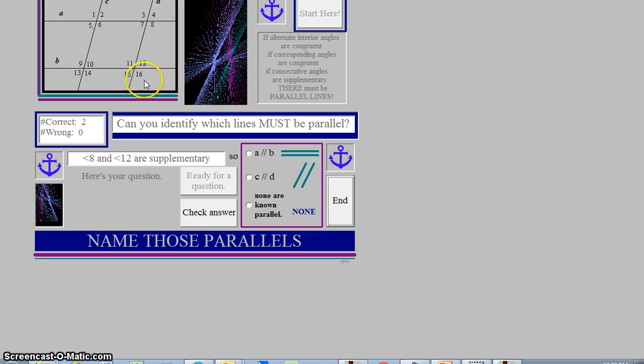Translation symmetry from this group of angles up to this group of angles only results in congruent groups when these two lines, A and B, are parallel. Now, 8 and 12 both have a relationship to the horizontal lines.